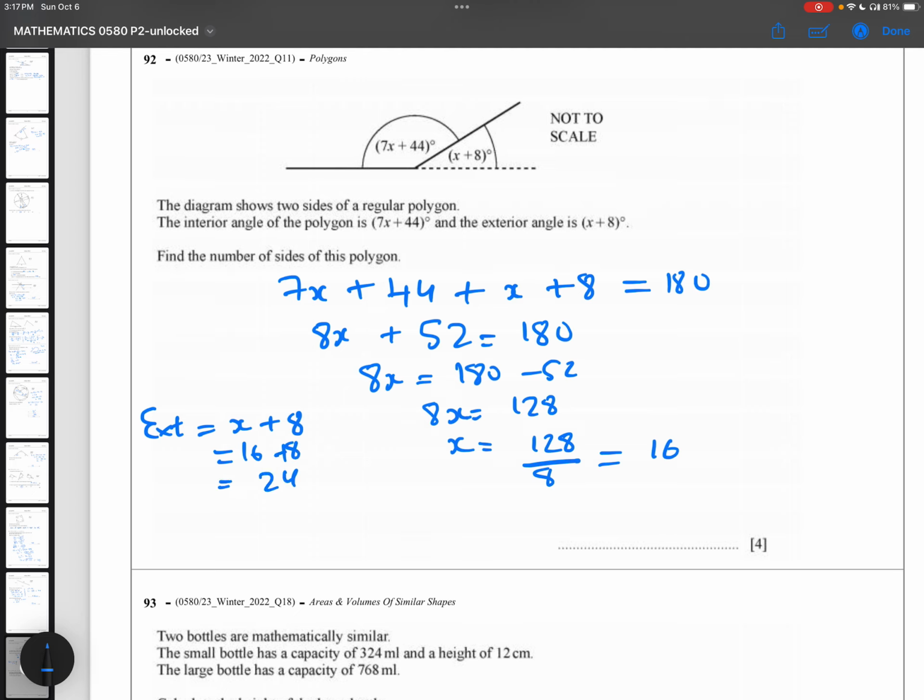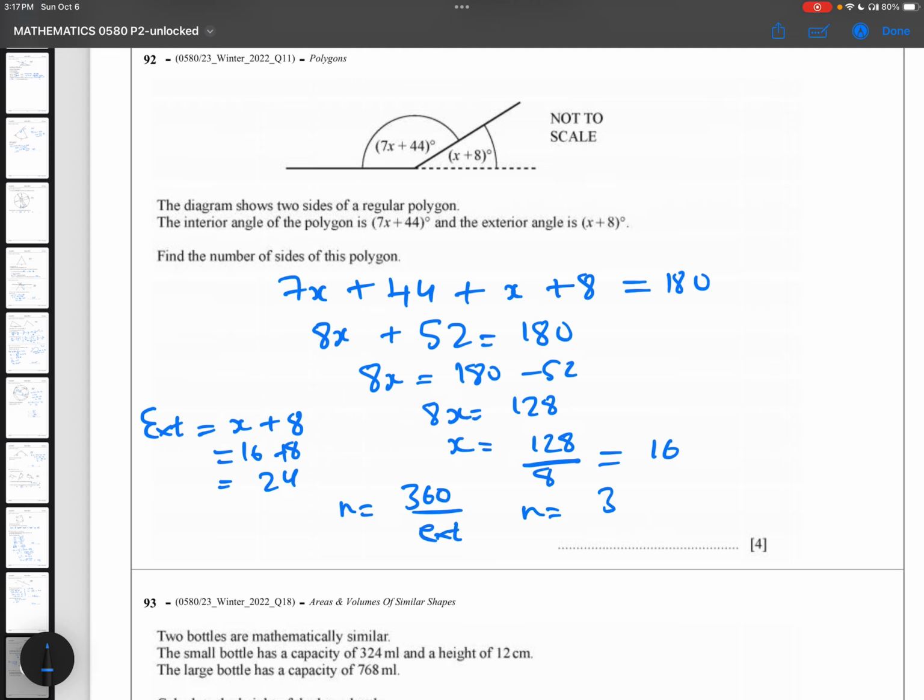So now we know that the diagram shows a regular polygon. In order to calculate the number of sides of a regular polygon through its exterior angle, the formula is n is equal to, n meaning the number of sides, 360 divided by the exterior angle, that is 24.